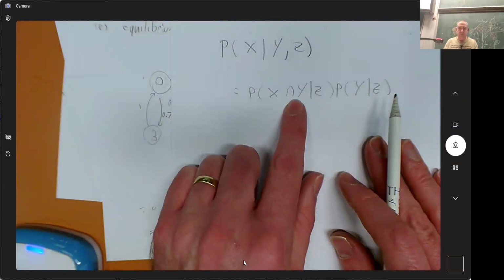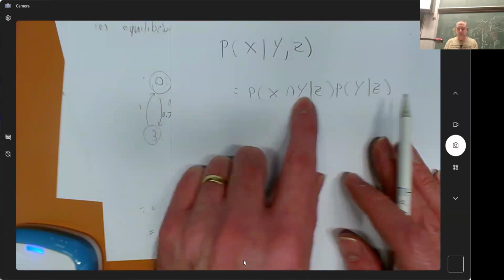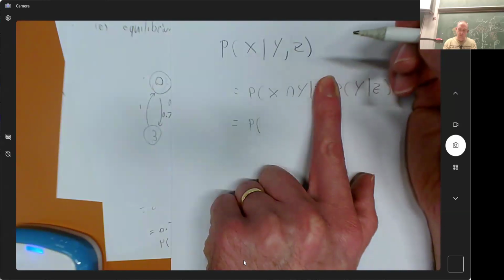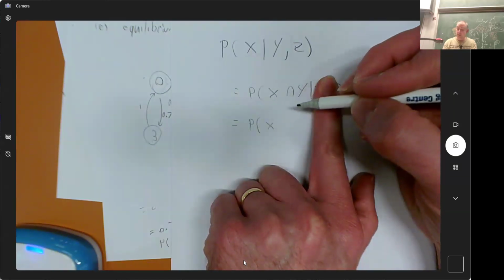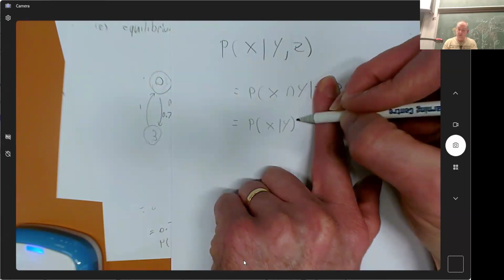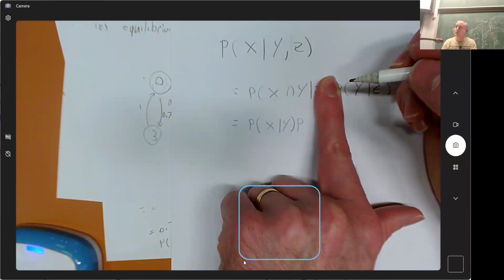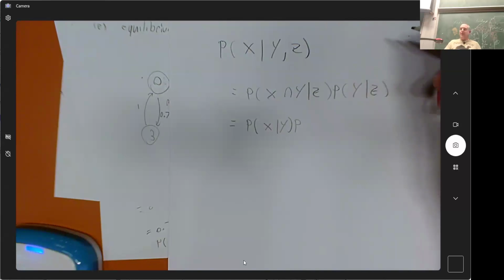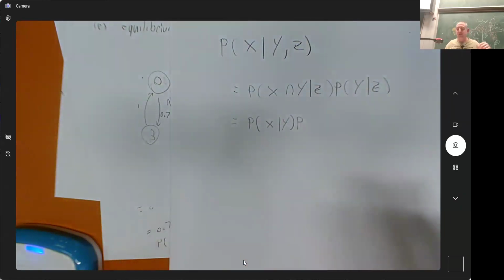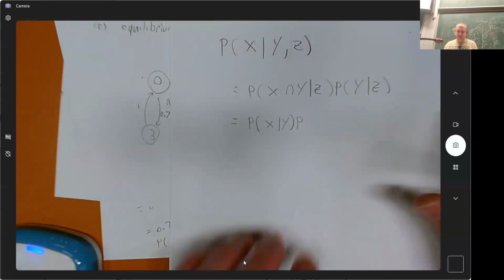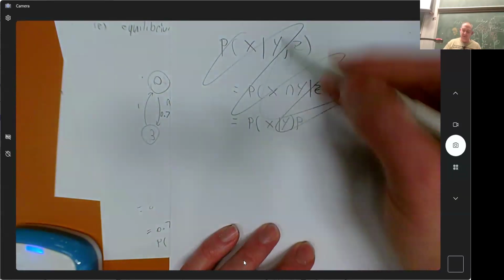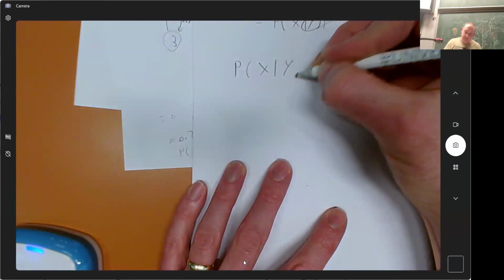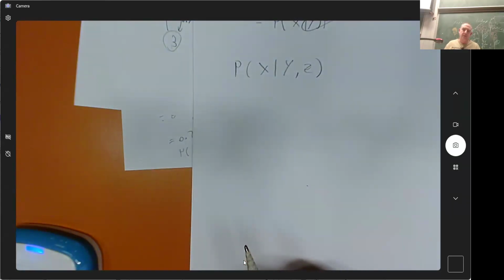And then this is P of X given Y times P of Y, right? Oh, sake of a brown. How did I do it before? I had to concentrate so hard to do this. It's okay. No, that's the wrong way around. Ignore that completely. So we know that P of... no.